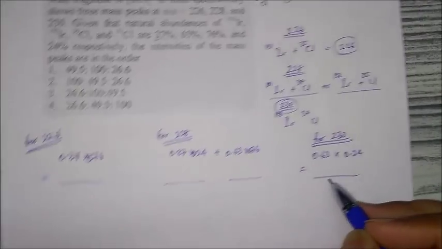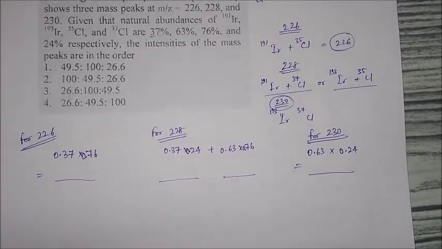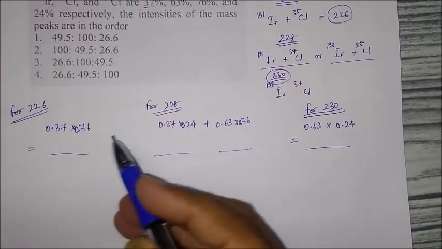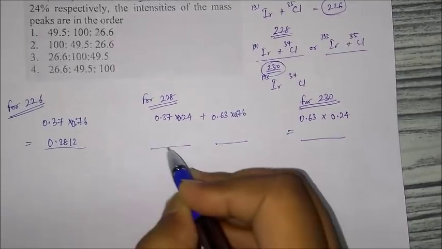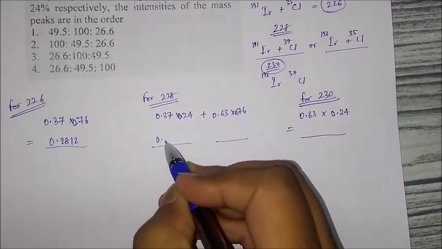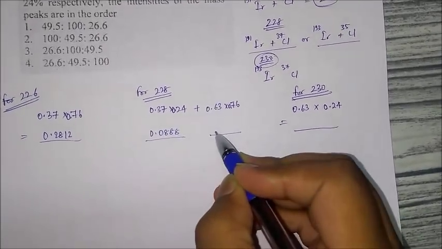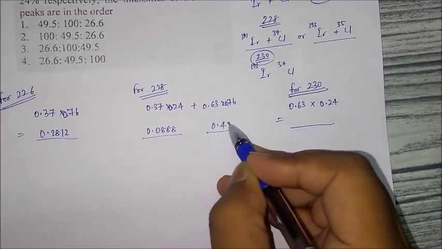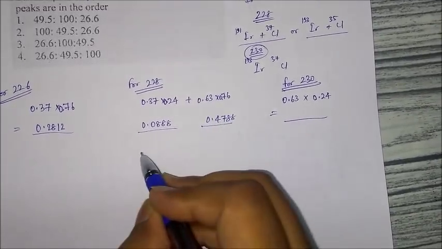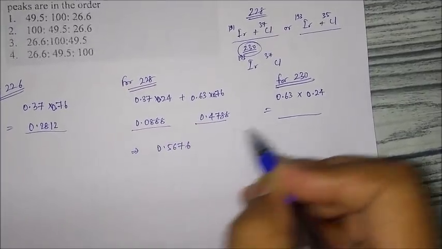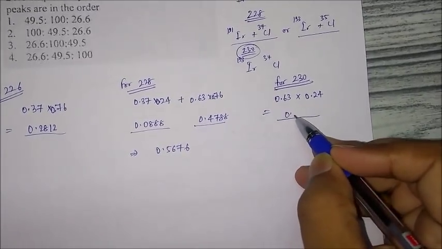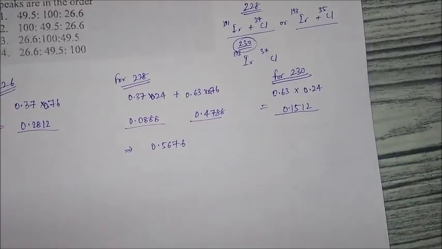When we multiply these things, here we get 0.2812, here 0.0888, here 0.4788, the multiplication of these two. When you add them, you will get 0.5676. For this one you will get 0.1512.